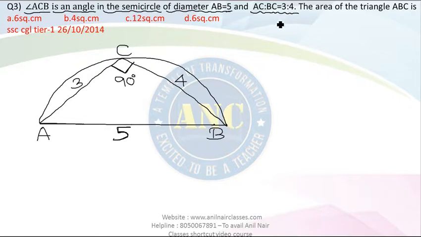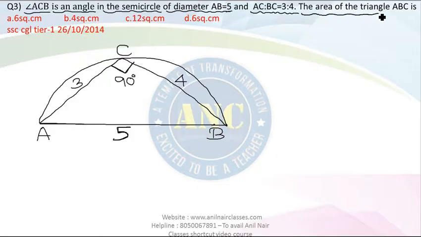They might give it as 3 is to 4, which is also equal to 6 is to 8, which is also equal to 9 is to 12 and so on. But I will definitely take it here as 3 and 4 itself, fixed values. I will not take it in terms of ratio value because the hypotenuse is 5 and ACB is a right angle triangle also. I hope I am making sense.